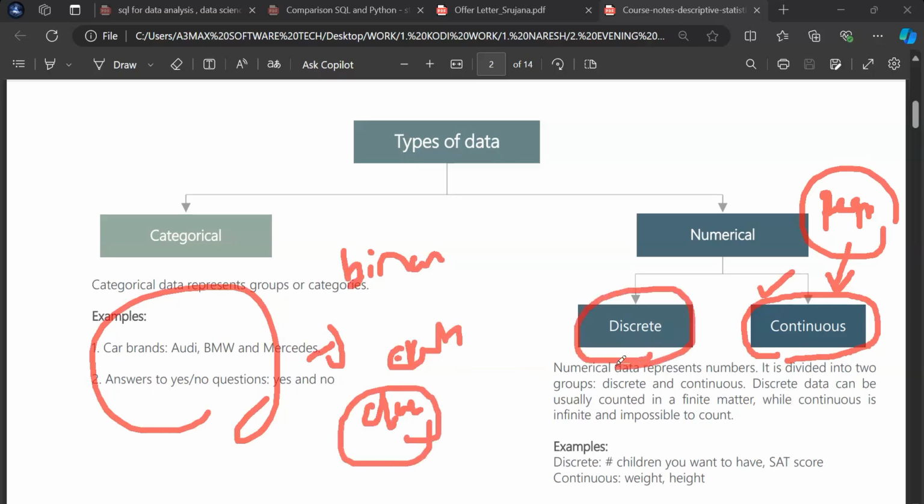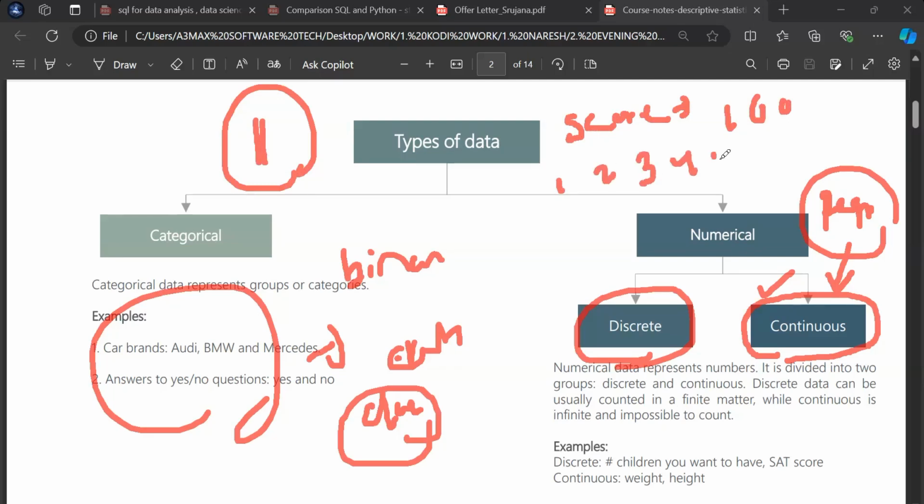What is discrete? Discrete means, for example, a score, an SAT score or exam score that ends at 100. Do you see any score increase after 100? So there is a threshold limit at which it stops. The rating of a meal: the food is tasty, 1 star, 2 star, 3 star, 4 star, 5 star. Do you think the stars increase beyond that? No. So are you getting my point?